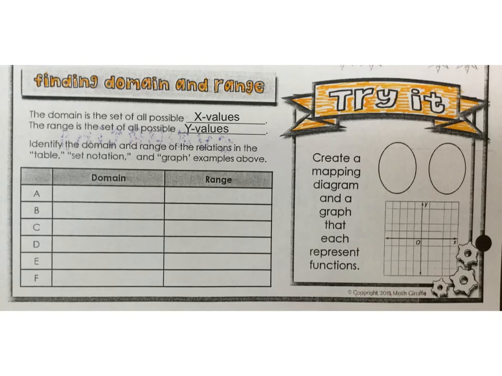Look at A, B, C, D, E, and F and identify the x values and the y values. Using Table A as an example, I will write the domain starting with brackets, list all of the x values, and then close with a bracket. For the range, again, start with a bracket, write down the y values or outputs, and then close with another bracket. Please repeat that with B through F.